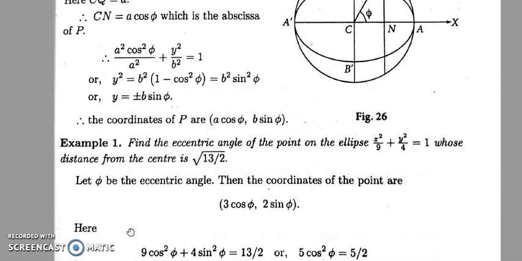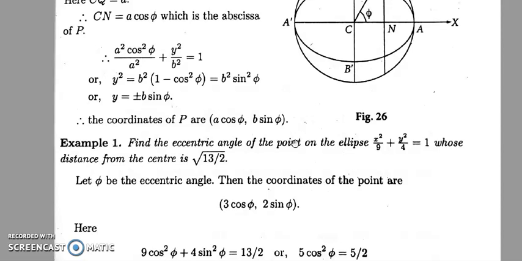So the problem is to find the eccentric angle of the point on the ellipse x square by 9 plus y square by 4 equal to 1, whose distance from the center is root of 13 by 2. Okay, so you are asked to find the eccentric angle of a point P. So point P is given.